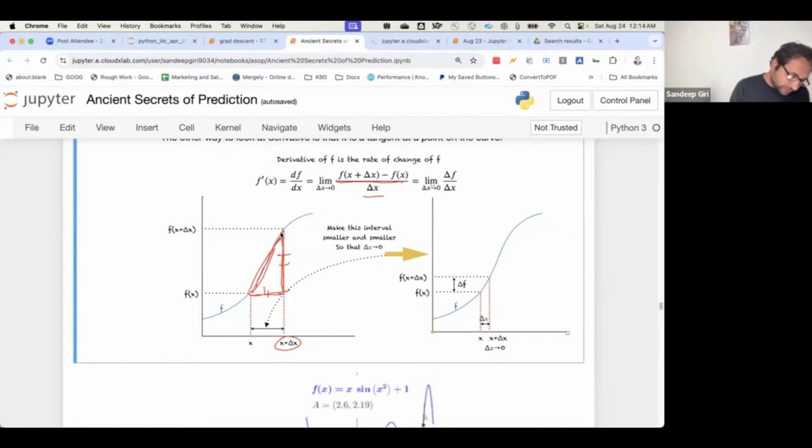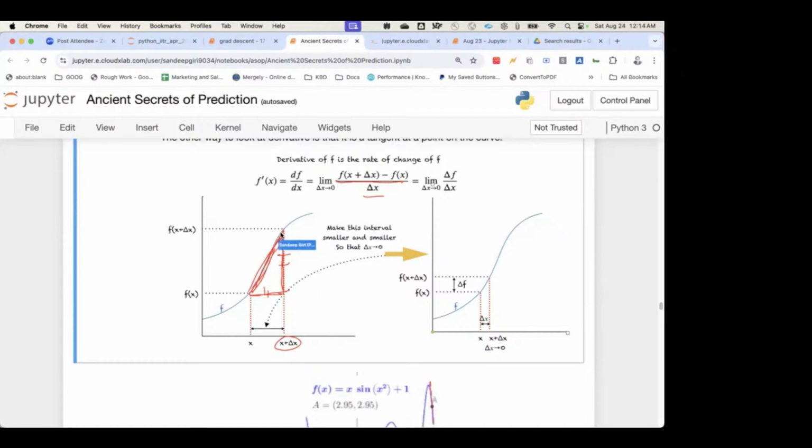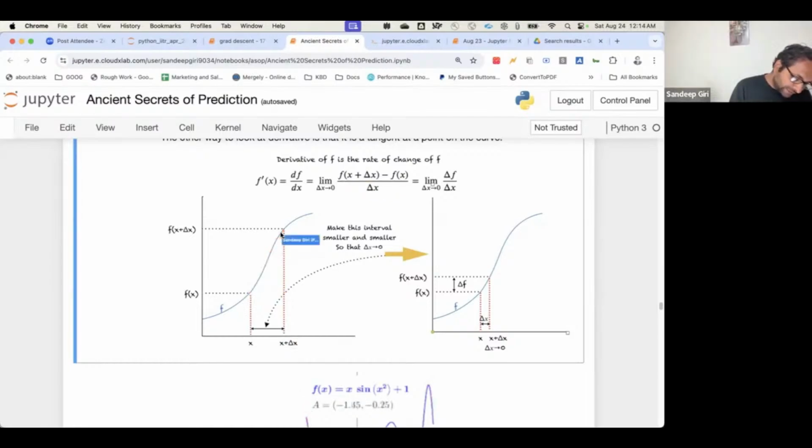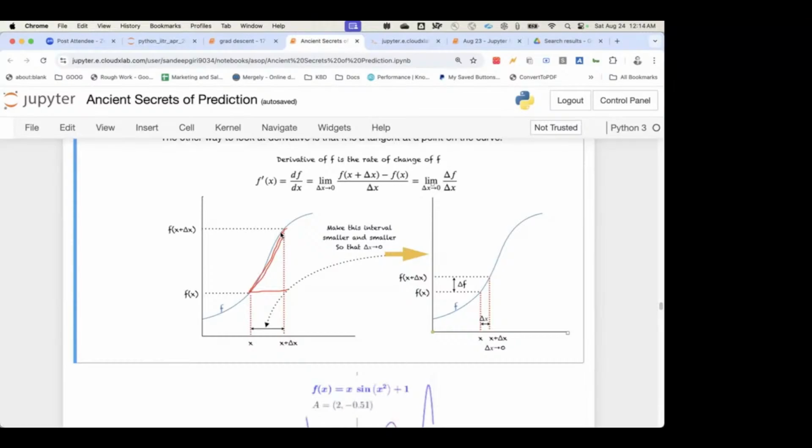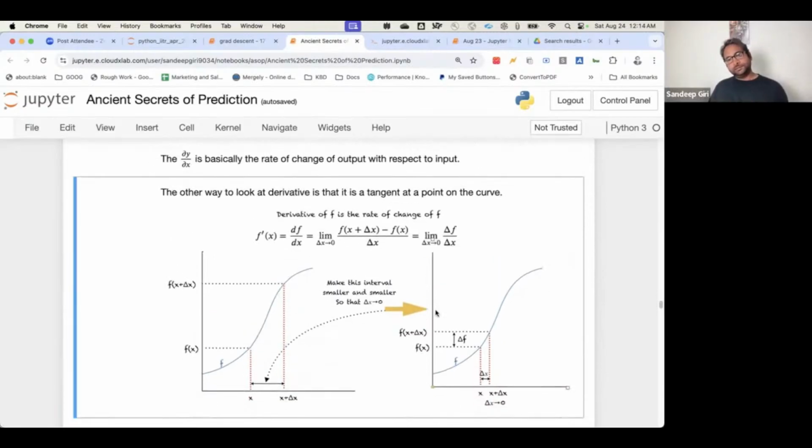This is an approximation. We are saying that when input delta x is really tiny, this is a straight line, though it's not. Delta should be so small that it can be treated as a straight line without any practical loss.